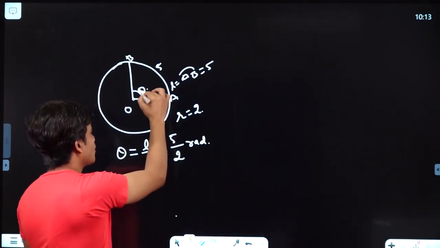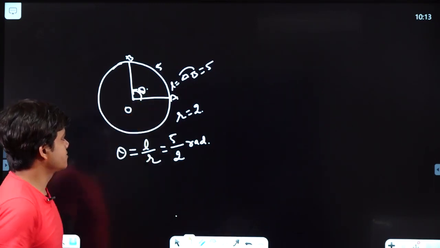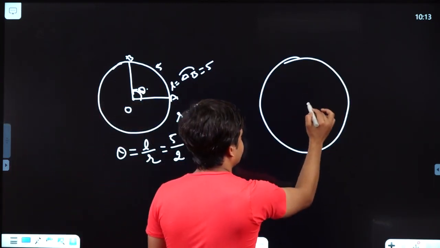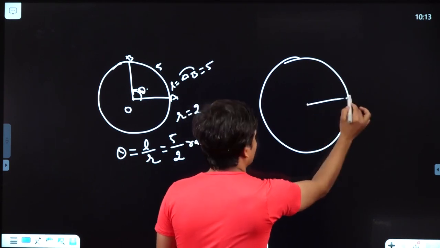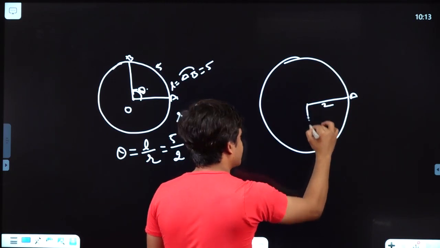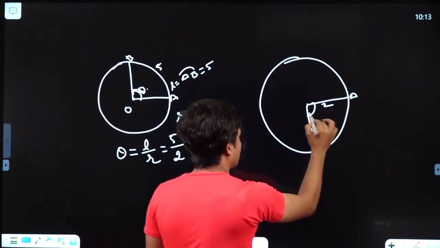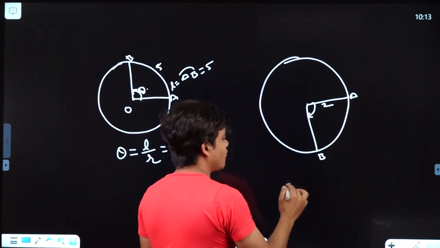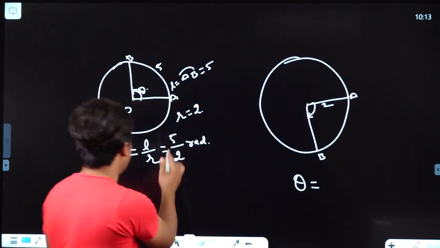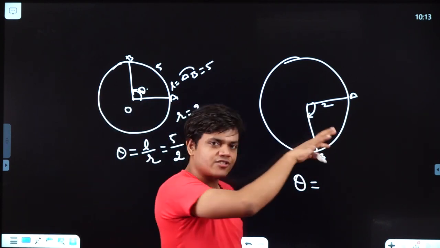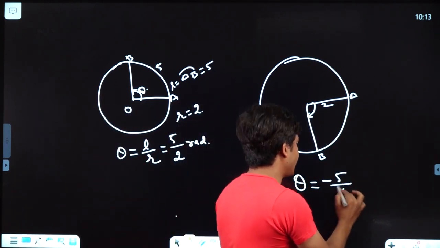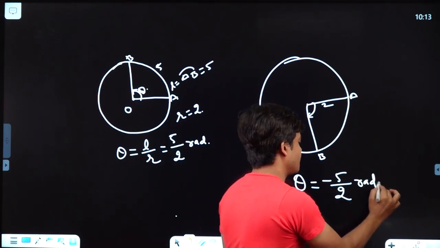But that is in the anti-clockwise sense. If I draw the figure in this sense, think if this is your A, this is of radius 2, and if we take your B in the clockwise sense, then what will be your theta? Certainly the theta will be the same, but as the theta is in the negative direction, in the clockwise direction, it will be minus 5 by 2 radian.